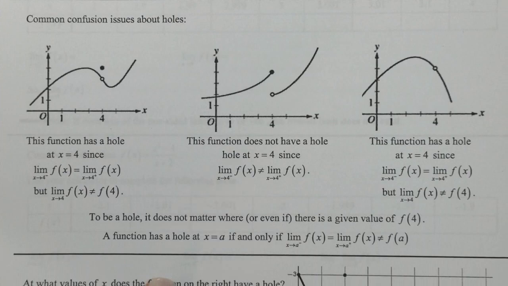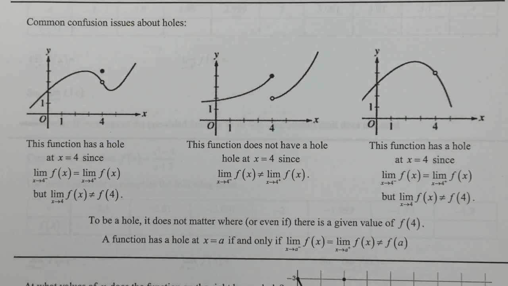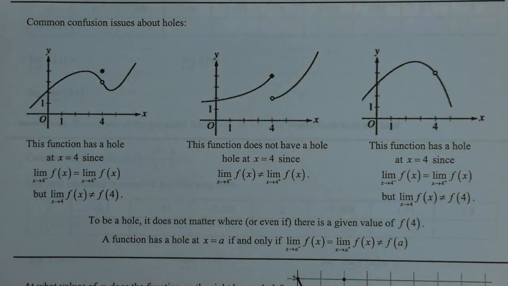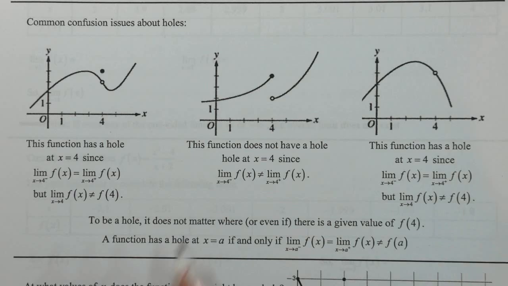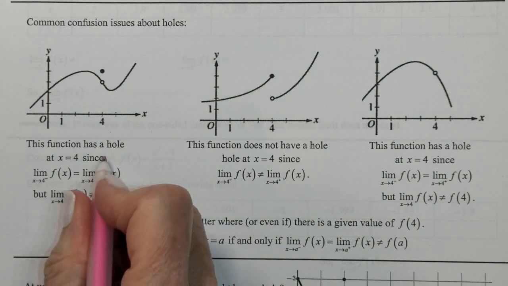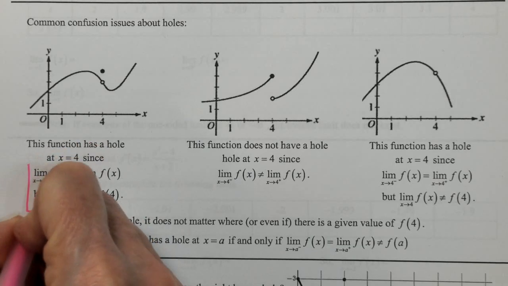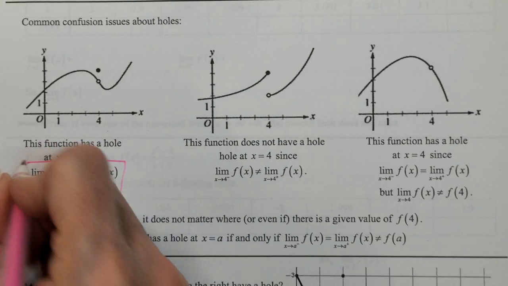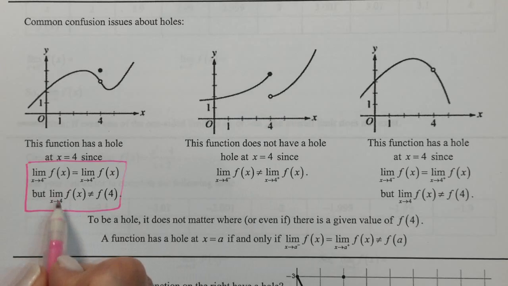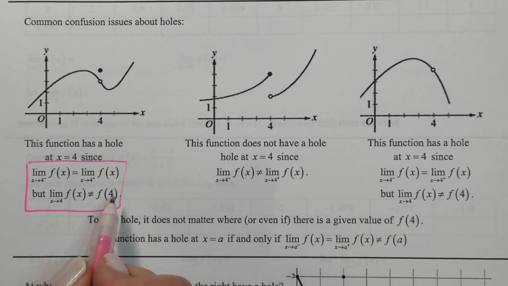Okay. Some common confusions that I would like to reinforce with you. These are things that kids just tend to mess up. A hole is when the overall limit exists, but is not equal to the value of the function.